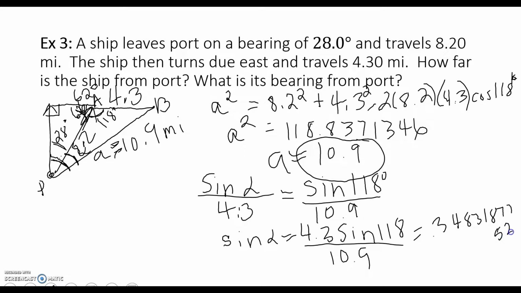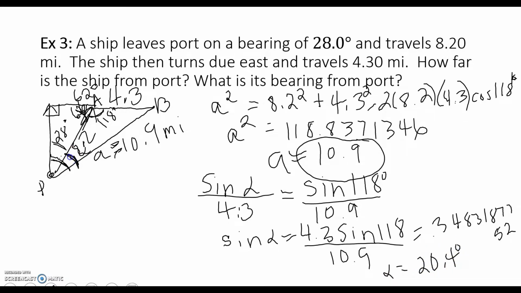I'll put them here. But in order to solve for alpha, you will take the inverse sine of that. When you take the inverse sine of that, you get 20.38. So alpha is equal to, if you round it to 3 significant digits, 20.4 degrees.